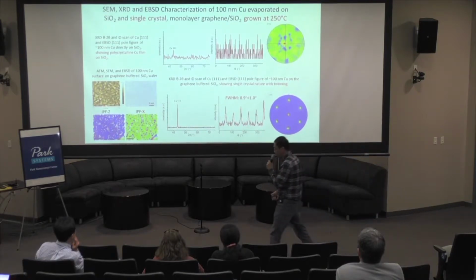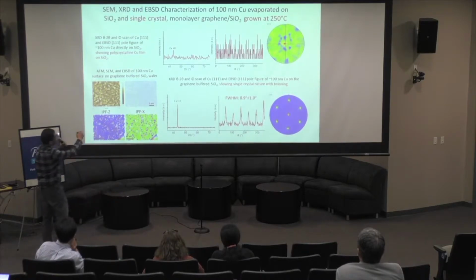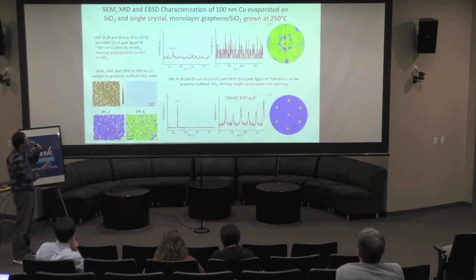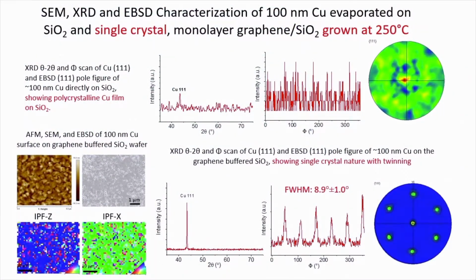This is the AFM scan of this copper film, accompanied by the SEM image, showing that the film is not very smooth. We calculate the surface roughness at around 19 nanometers, but it looks like we can achieve epitaxy of copper on the graphene in this case.